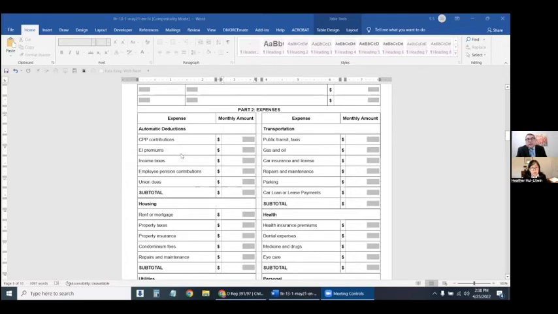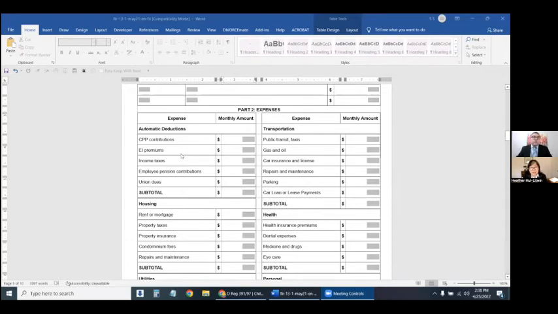The reason you can't extrapolate is that they cap out. CPP has a maximum, and you may hit it or you may not hit it. Same with EI. Union dues, definitely. The income taxes are just complicated in general.